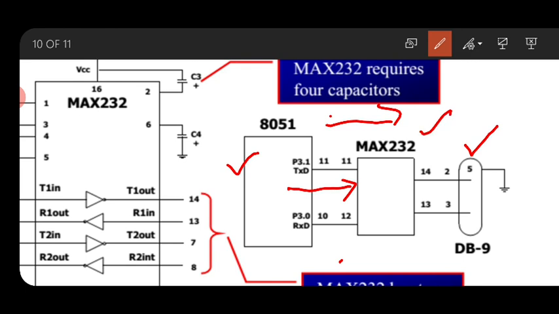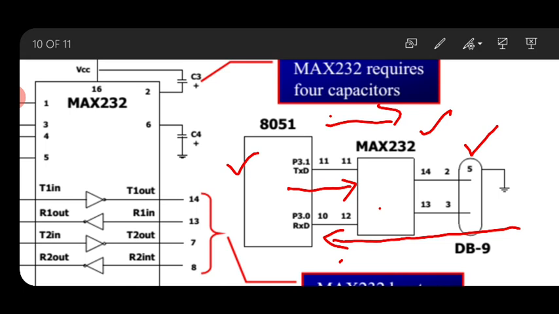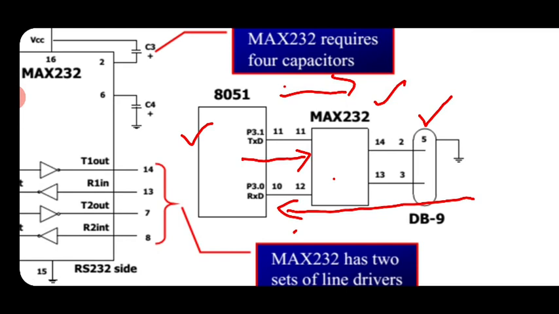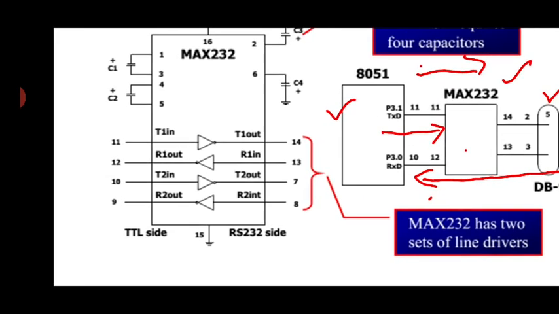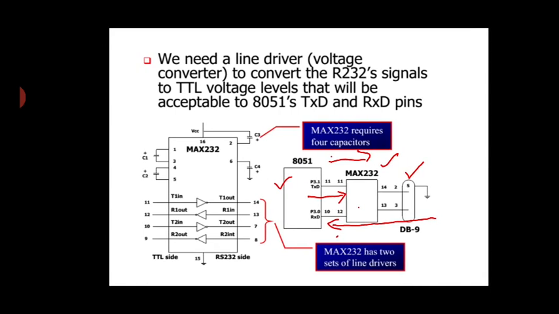You have to do it with the MAX 232. If the data is transmitted from the PC and received by the microcontroller, it comes through MAX 232, and the data is available to the microcontroller at pin 3.0. That is 3.0 and 3.1. Try to remember this, because we should not change these ports.